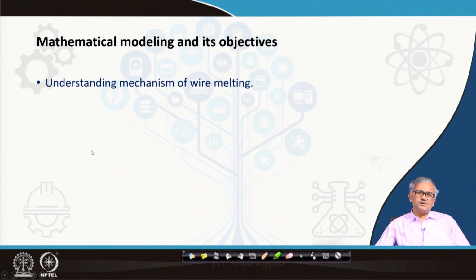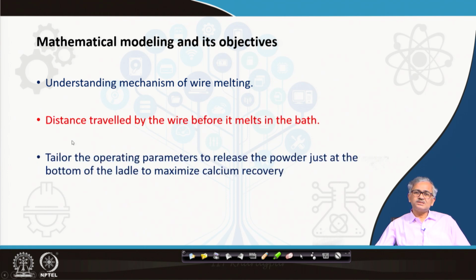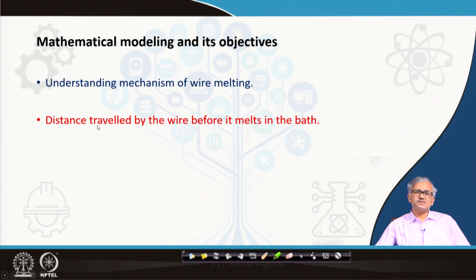Second is the distance travelled by the wire before it melts into the bath. So, the shell forms, the shell dissolves, the casing dissolves and the powder is released. How much time does this whole process take, so that we can locate the point of powder release. Okay.